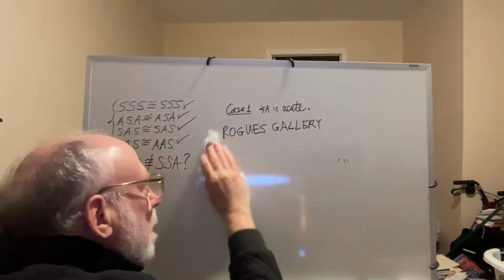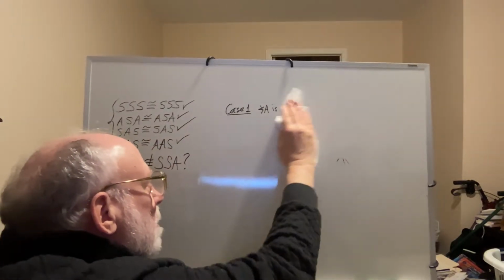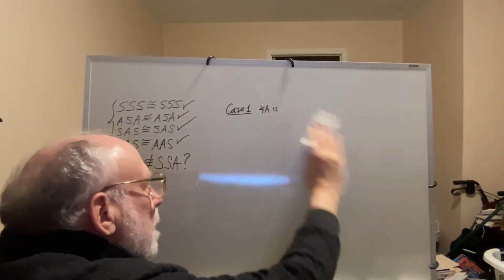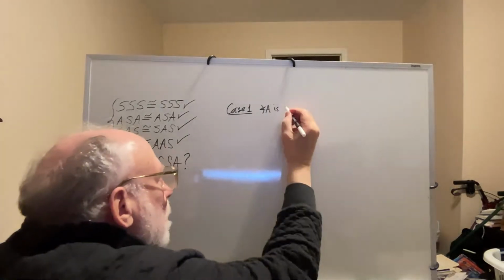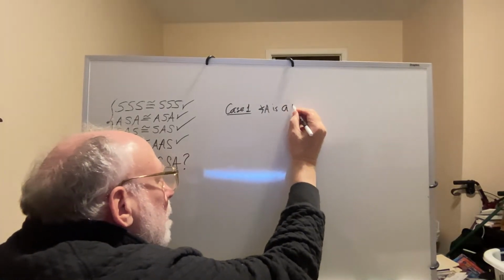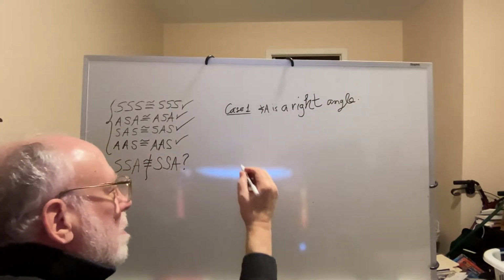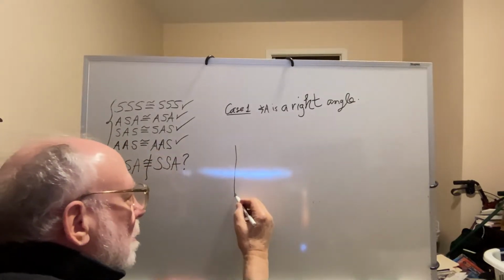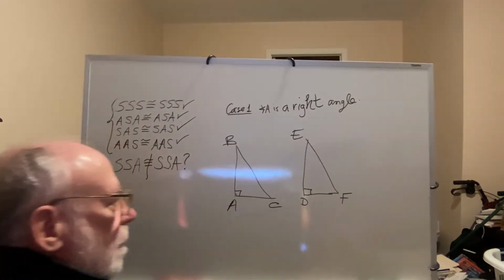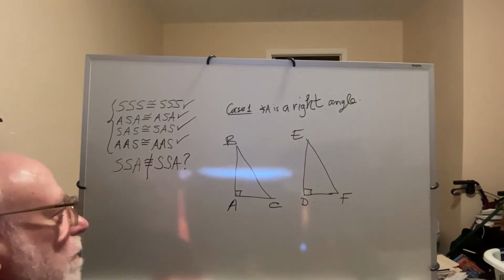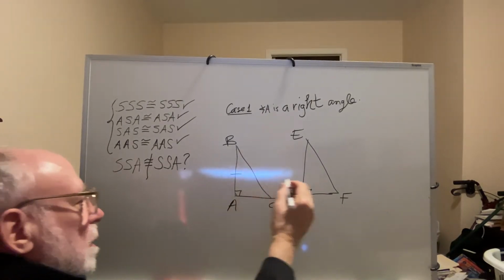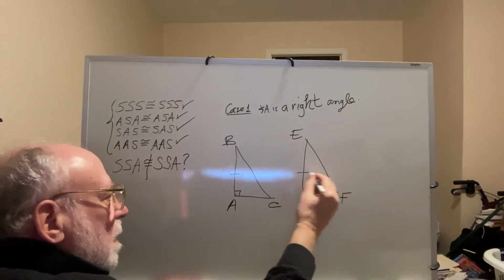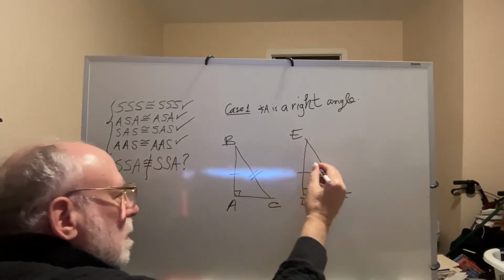Now we go to the next case. Our next case would be that angle A is a right angle. Okay, here we have angle A is a right angle. We have angle, side, side.